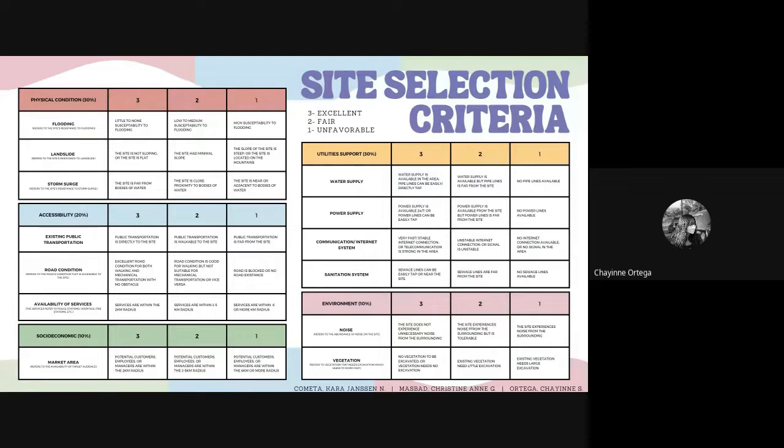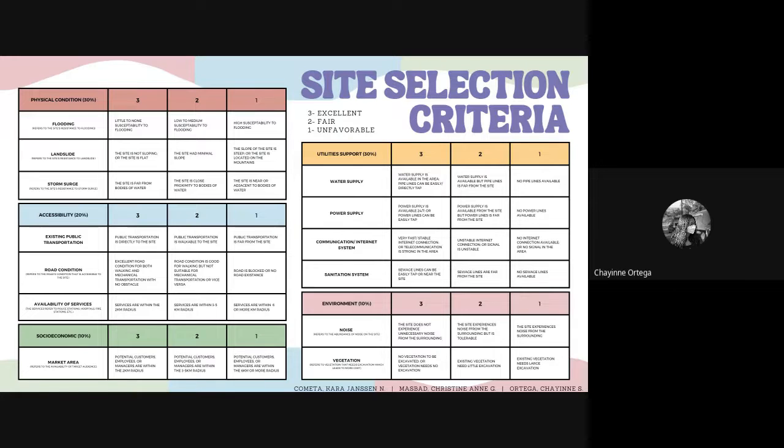And lastly, under environment is the noise and vegetation. If the site is not experiencing unnecessary noise, it will get 3 points. For the vegetation, we focus on the amount of excavation. If the site does not need to be excavated, you get 3, and 1 is if the site needs large excavation.